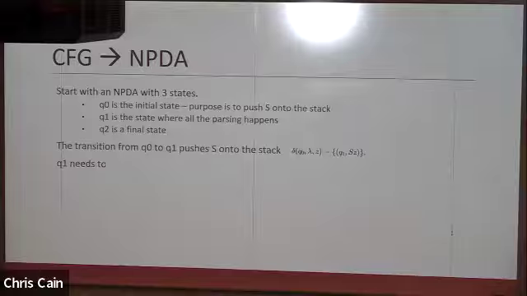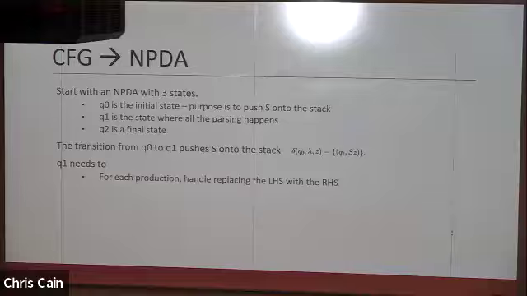But then Q1 is going to be where all the fun happens. We need an element of every production rule, replacing the left-hand side with the right-hand side. So for every production rule where we have a non-terminal arrow, some set of terminals and non-terminals, we're going to add a transition that pushes on that sequence of characters.